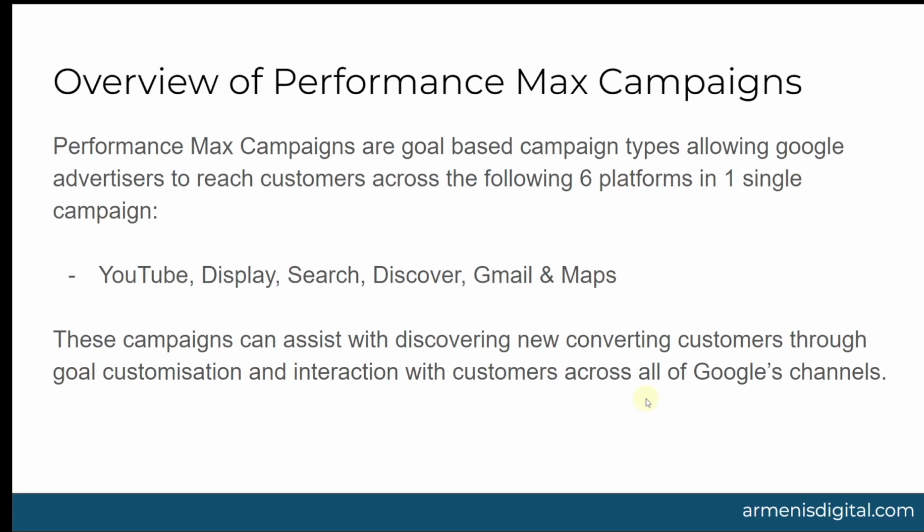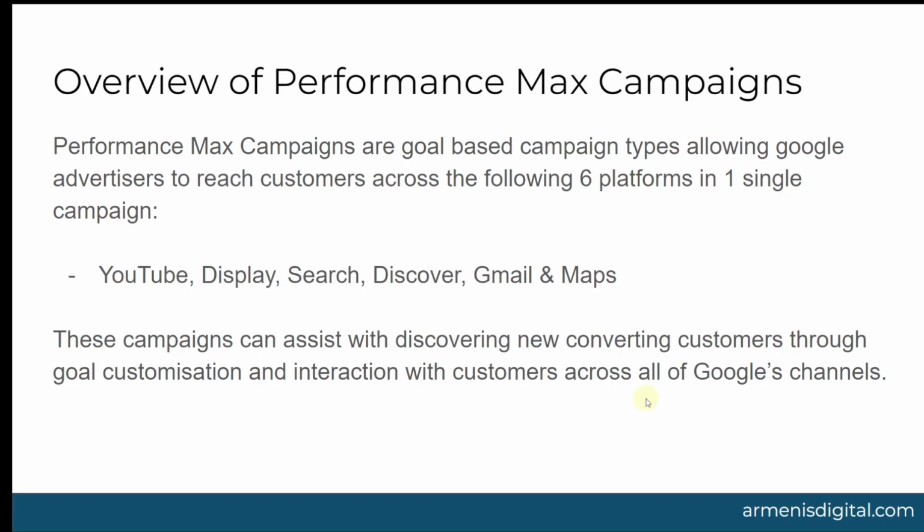So Performance Max campaigns are goal-based campaign types, allowing Google advertisers to reach customers across the following 6 platforms in just one single campaign. So you only need one campaign to go across YouTube, display, search, discovery, Gmail, and Maps. So you will appear in all of these areas based on the assets you upload.